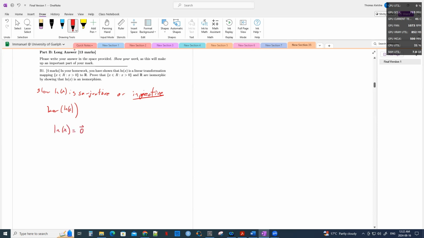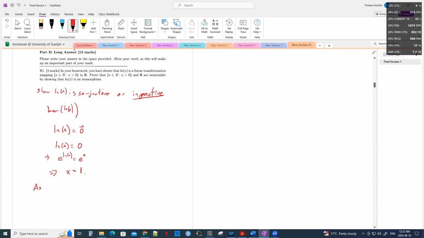And now here, the zero vector is going to be 0. So ln of x equals 0. Well, this implies that e to the ln of x equals e to the 0, which implies that x equals 1.